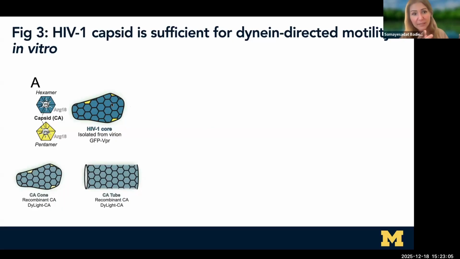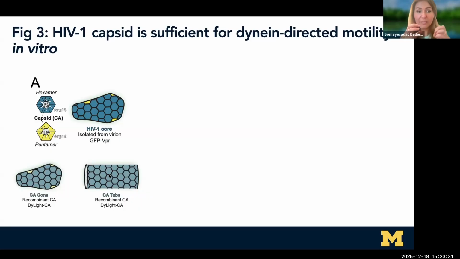The capsid protein can be expressed in E. coli and purified, and under conditions such as using polyanionic compounds like inositol hexakisphosphate (IP6), it can polymerize into the cone-shaped capsid, or under salt conditions it can make long tubes, mainly made of hexamers.